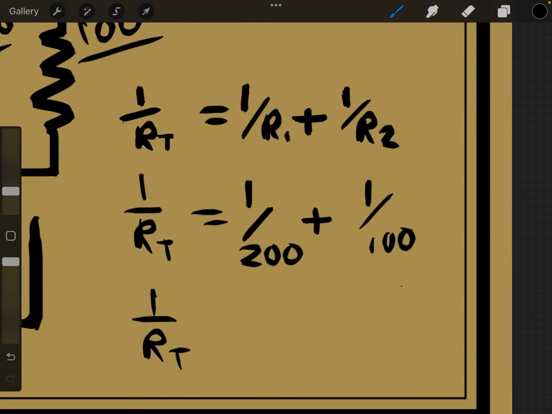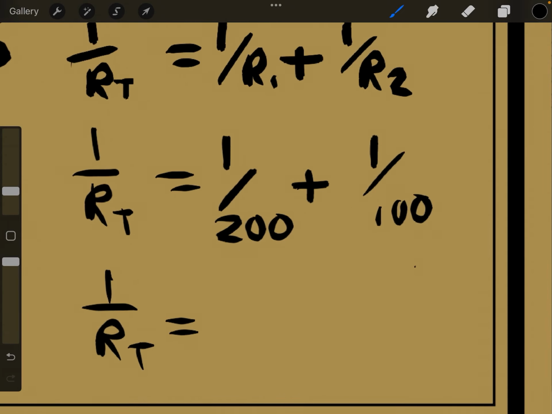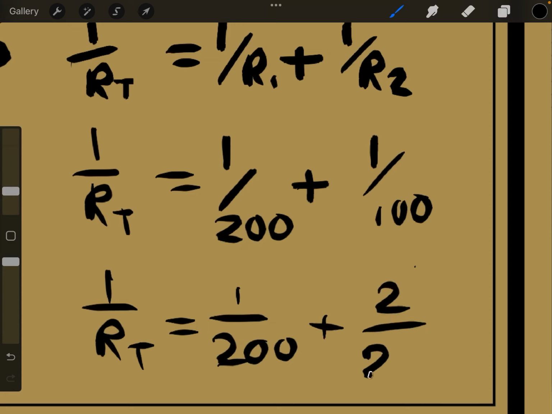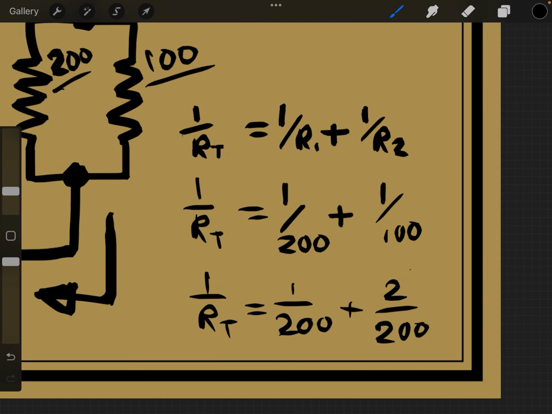So we can say 1 over RT is equal to 1 over 200 plus 2 over 200. Right? We just multiply the top and the bottom.